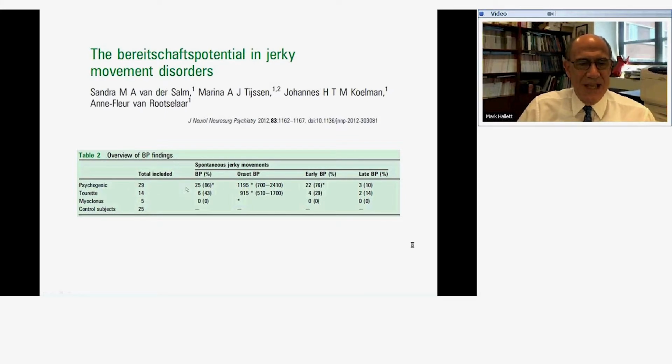But in psychogenic cases, in 25 of 29, it was possible to see a Bereitschaft potential. Interestingly, in patients that have Tourette syndrome, only 6 of 14 showed any type of Bereitschaft potential. So it's much more common to see this in patients that have psychogenic condition.